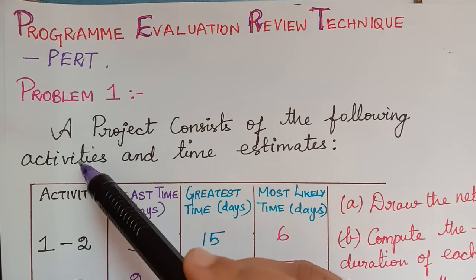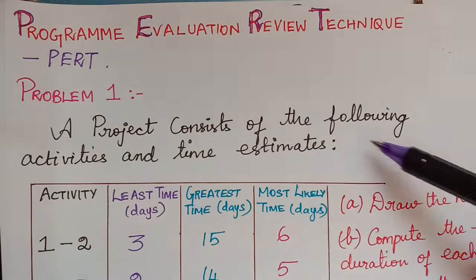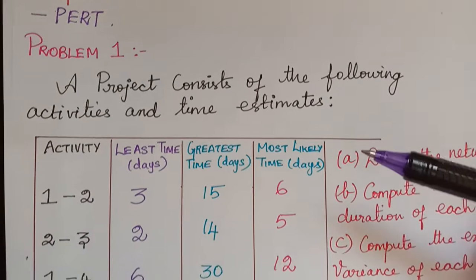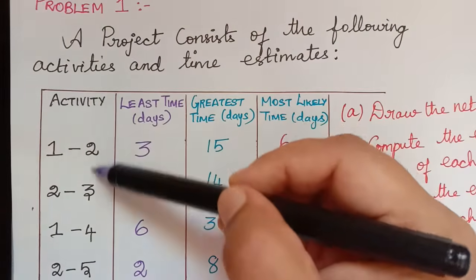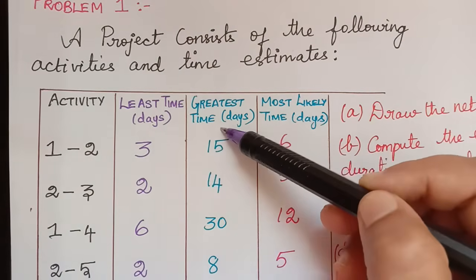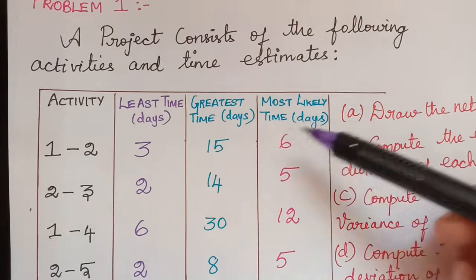So here we have a question which says that a project consists of the following activities and time estimates. Now here a project is given which has the activities. So activities are listed here and the least time, the greatest time and the most likely time to complete the project are given here.